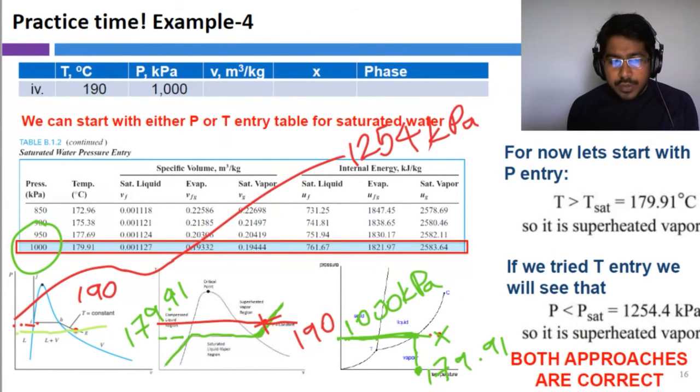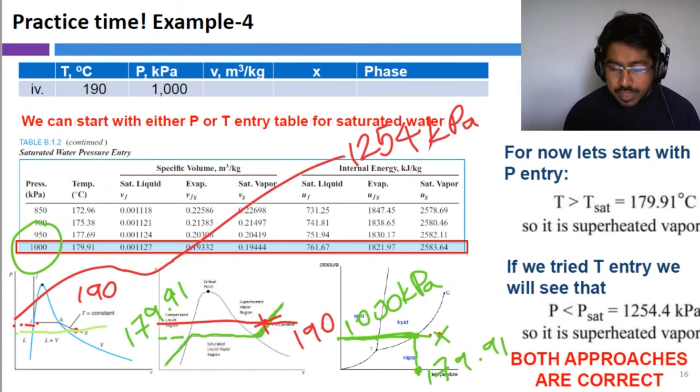So again, we can confirm that this is in the superheated vapor region, right? Are we clear on that one? I assume we are. If you are not clear, we can discuss down the road as you put up the questions.